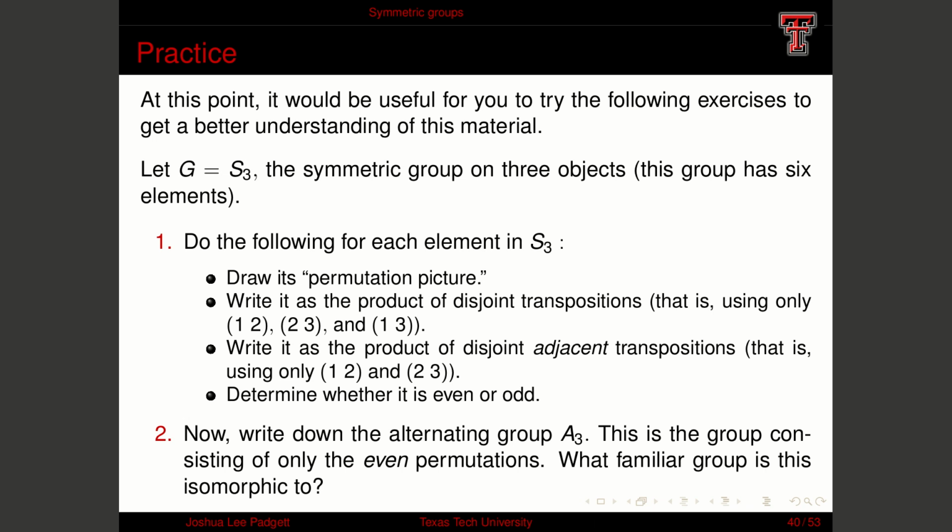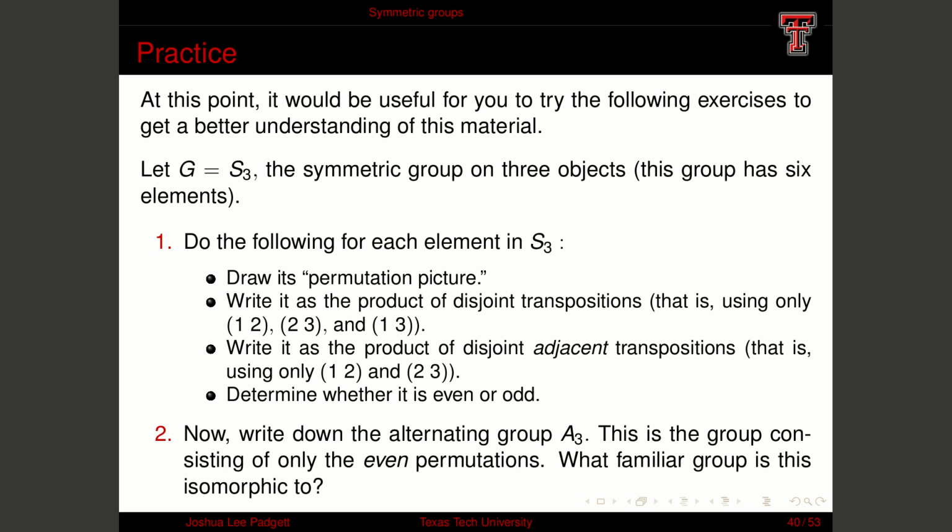Moving into the next slide, I give you another practice problem, which is to write down the alternating group A3, which I just tell you is the group consisting of only the even permutations. So you have 6 objects in S3. 3 factorial is 6. 3 of them will be even, 3 of them will be odd. The 3 even ones correspond to A3.